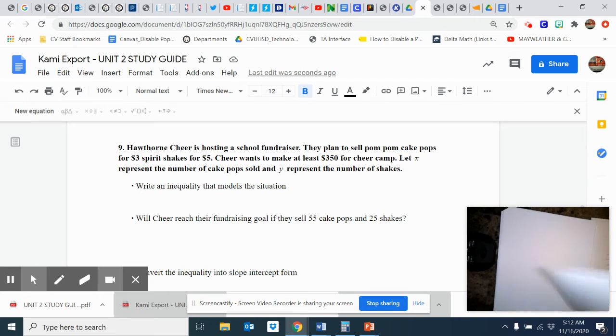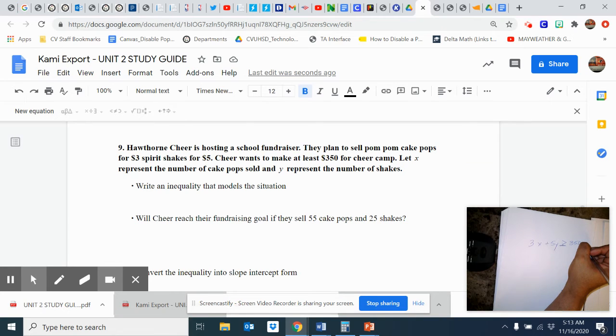So the inequality: we will pause the video, see if you can do it, but this is to make sure that you know that you're right. So 3x plus 5y at least, so it's going to be greater than or equal to. This will be given to you on the test though, but at least means greater than or equal to 350. And that's what that model is.